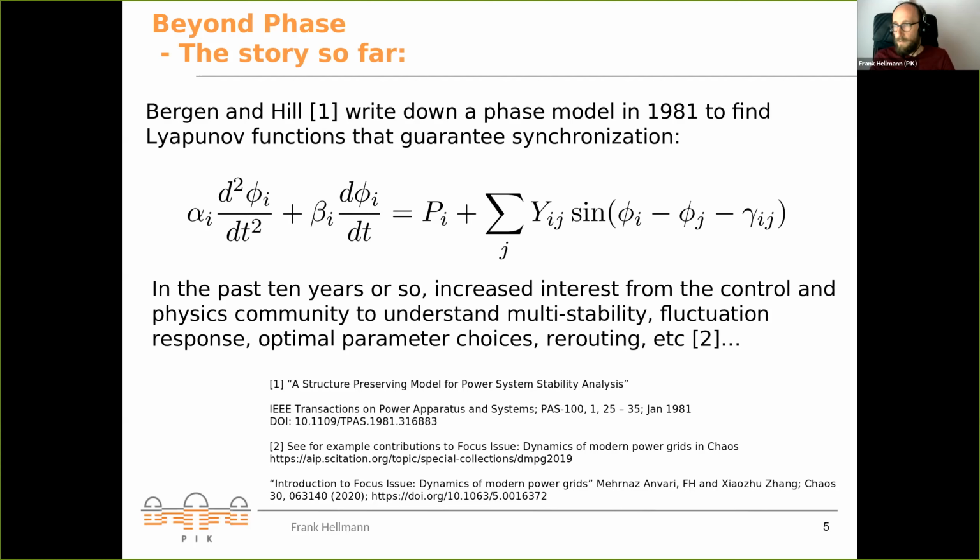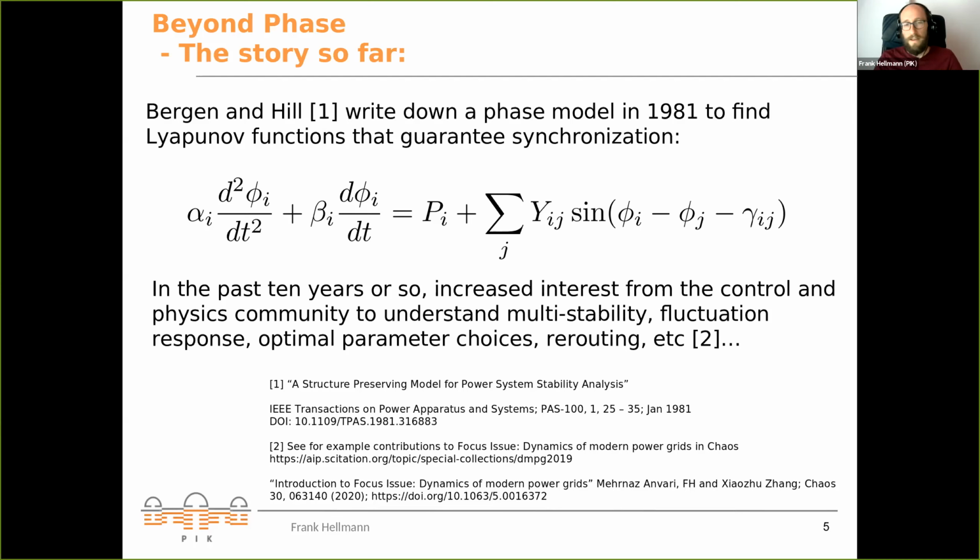Certainly this type of equations has underlain a large range of activity in the last about 10 years, from the control theory community but also from the theoretical physics community, to understand the extreme multi-stability that can occur in these systems, the fluctuation response, optimal parameter choices, rerouting, and self-organized dynamics.